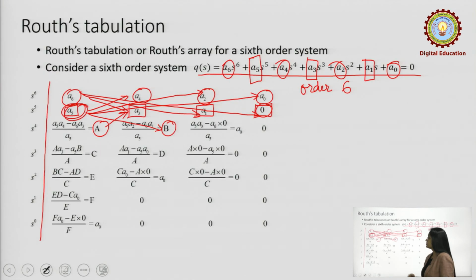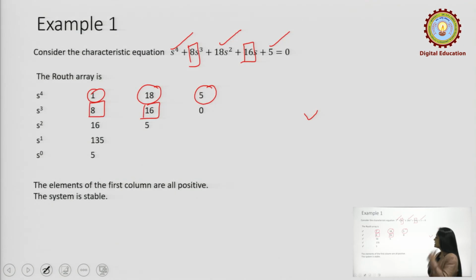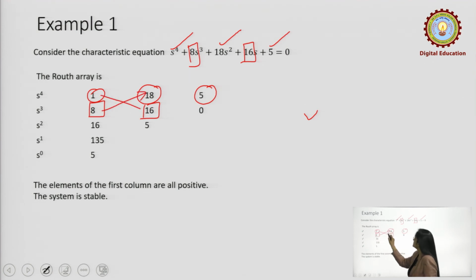So, according to this tabulation, A5 into A4 minus A6 into A3 divided by A5. Thus, we obtain the next element of this row, that is 8 into 8 minus 1 into 16 divided by 8, which is 6.